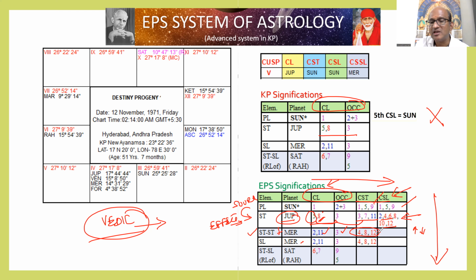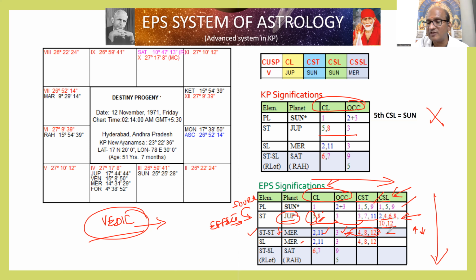These houses are giving trouble to this Jupiter's fifth house, third house, 3, 7, 11, which are all favorable to the progeny, and also 2, 11, 3 favorable to the progeny. They are not supported. It is indicating obstacles and hurdles on the way.